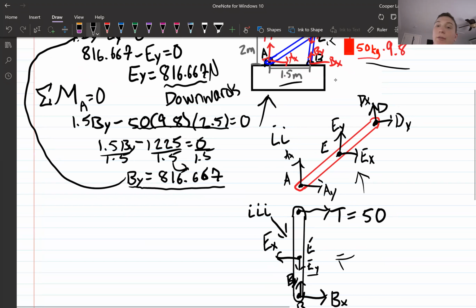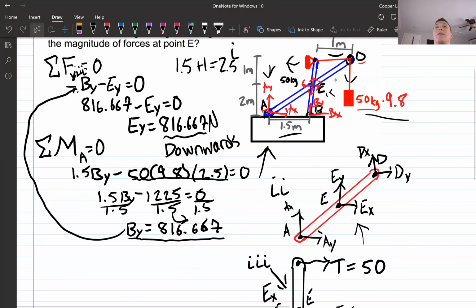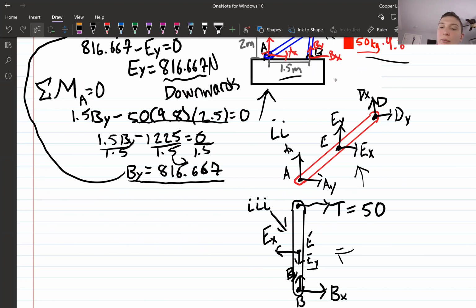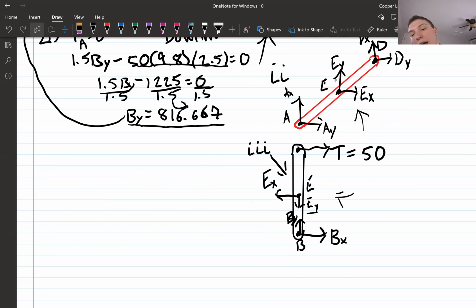So now we're going to start solving for E sub x. Now, E sub x, I can do a little simpler because I can go directly to this diagram 3 again. And in doing so, I can do another moment, because E sub x creates a force that's going to be different than 0.